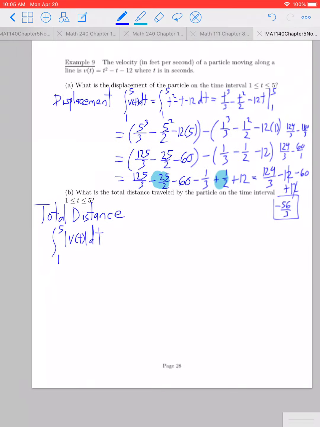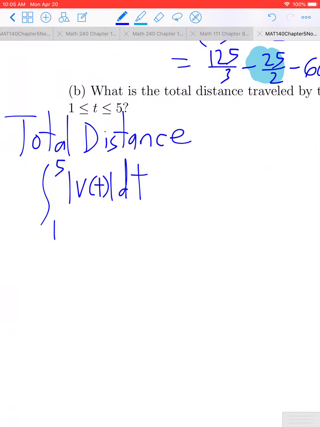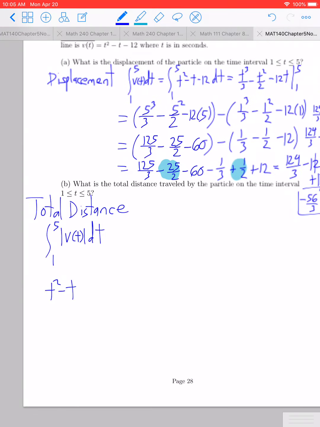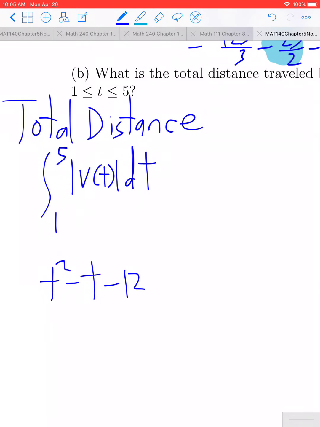To find this integral, we need to discover when the function t squared minus t minus 12 is positive and when it is negative. To do that, let's first begin by setting it equal to 0 to see where this thing would be equal to 0. We can go ahead and factor it. This would be t minus 4, t plus 3 equals 0.